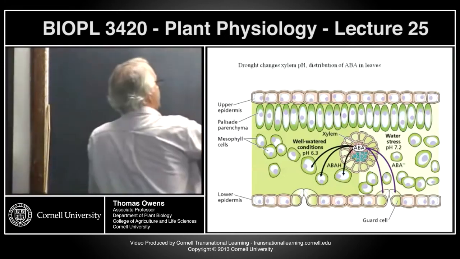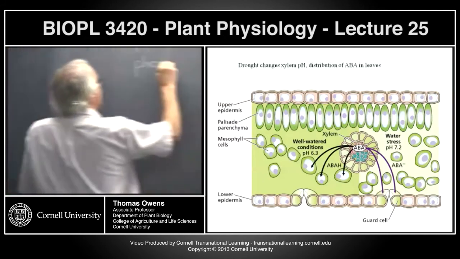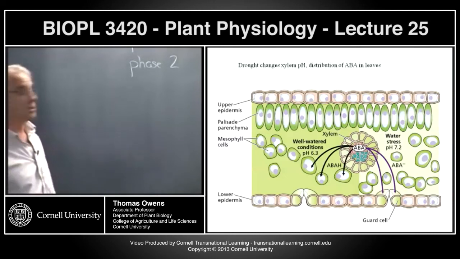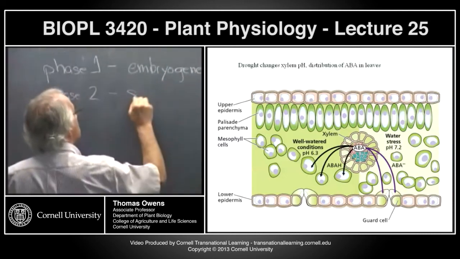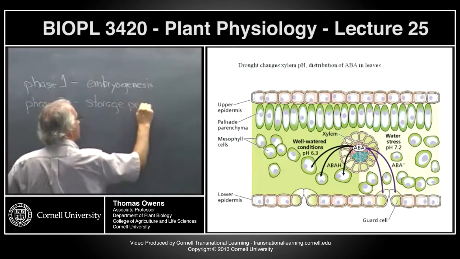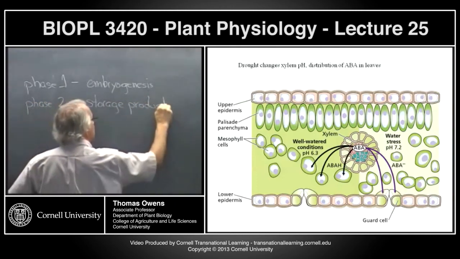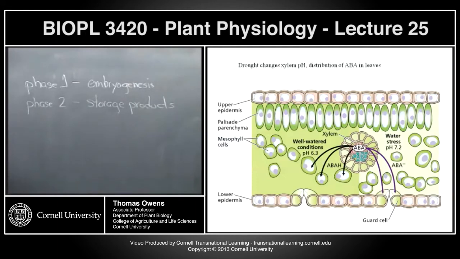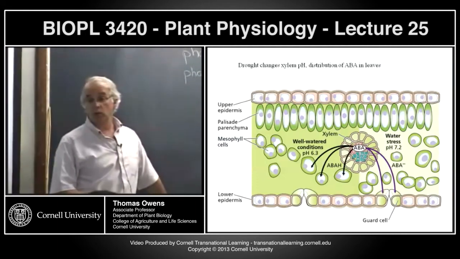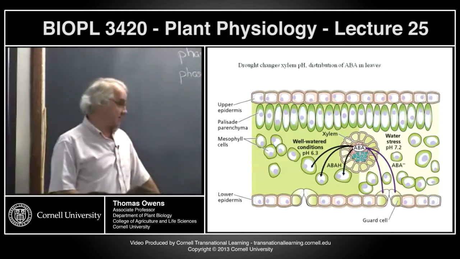The second phase involves the production of basically storage products. Seeds contain varying amounts of products, whether they're stored in the endosperm or whether they're stored in the cotyledons, doesn't really matter.